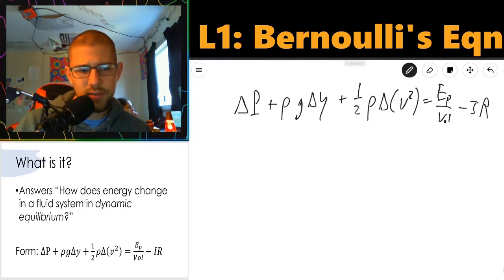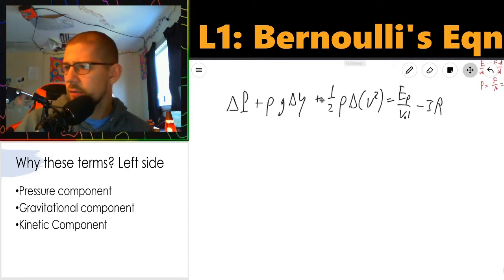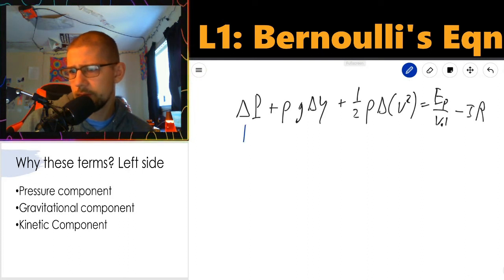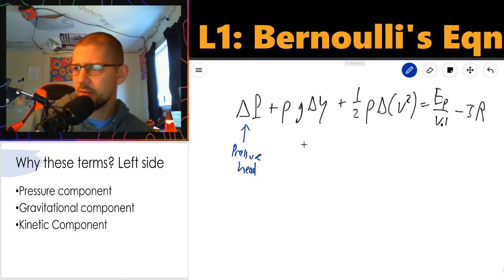So let's look at the left side first. This first term I call the pressure component, or the pressure head. Head is just a word that we use to mean energy density. So pressure head for this first pressure term. We talked about pressure in the last video. It's related to how hard the particles are trying to push on the walls.